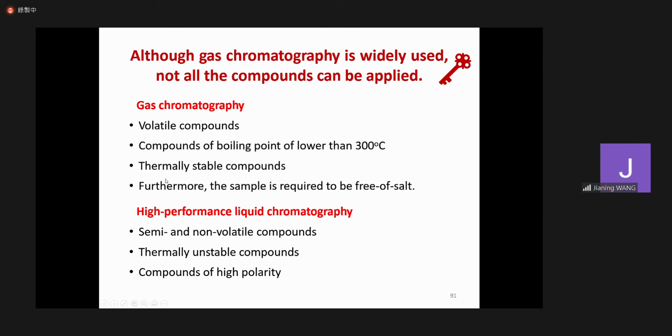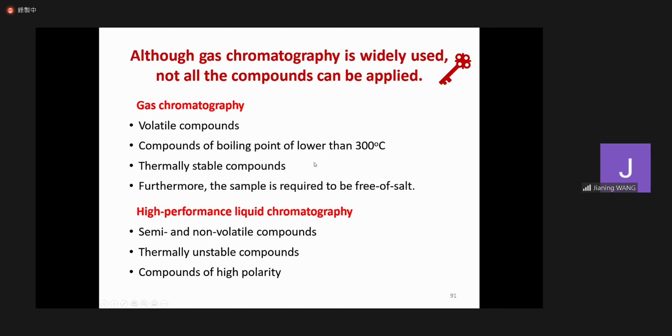We don't want them to break down or change their state during the separation, because in that case we cannot identify them. So they should be thermally stable.